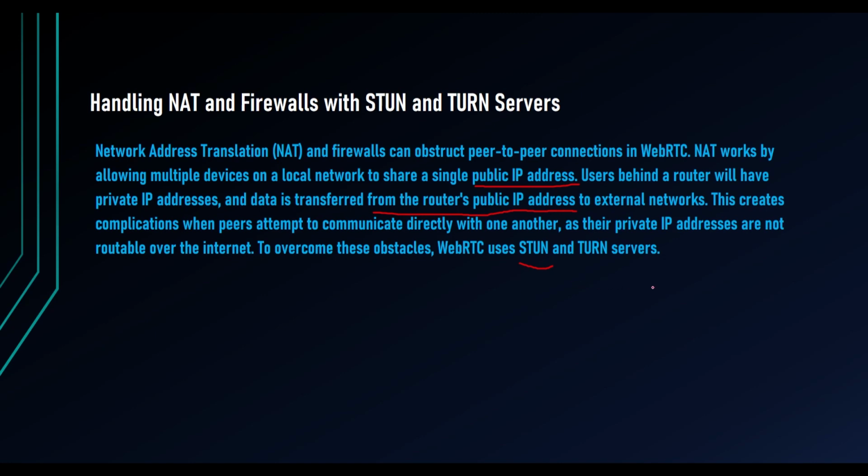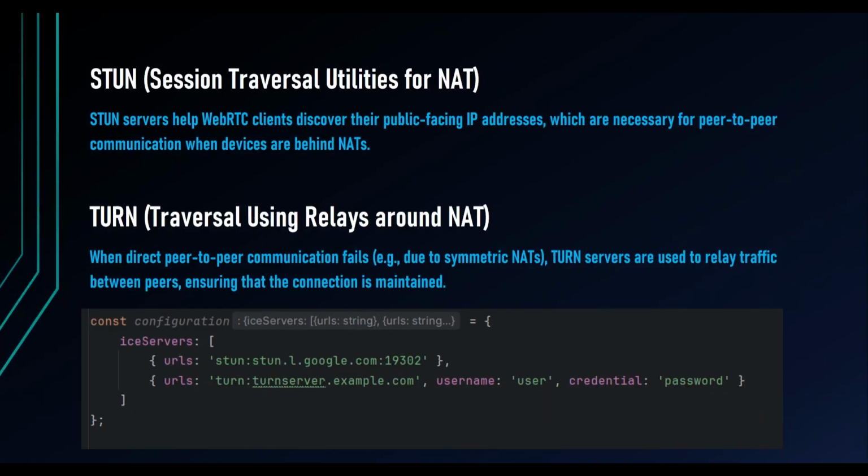As their private IP addresses are not routable over the internet, to find a solution, WebRTC uses STUN and TURN servers. So let's take a look at what these two things are. A STUN server, or Session Traversal Utilities for NAT, helps WebRTC clients discover their public-facing IP addresses, which are necessary for peer-to-peer communication when devices are behind a NAT.